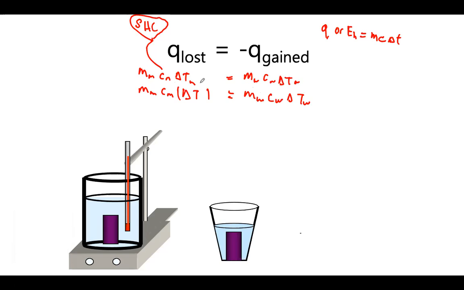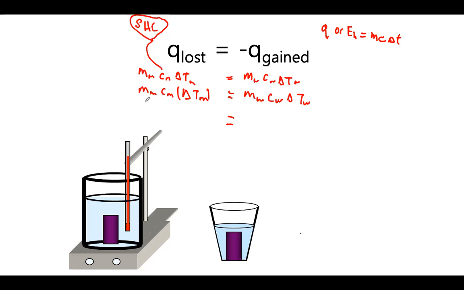How would you calculate now the specific heat capacity of the metal? We want to find this. What would you do next? Using that formula, sir? Yes, using this formula here. We want to get rid of the M and the delta T, so we're going to transpose. How would you do that?